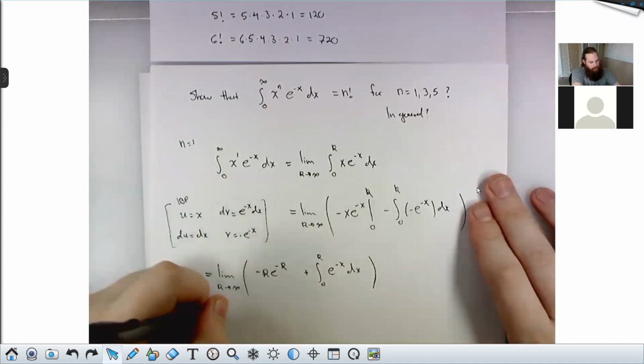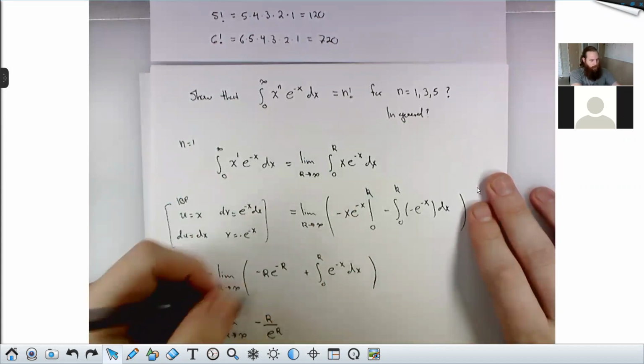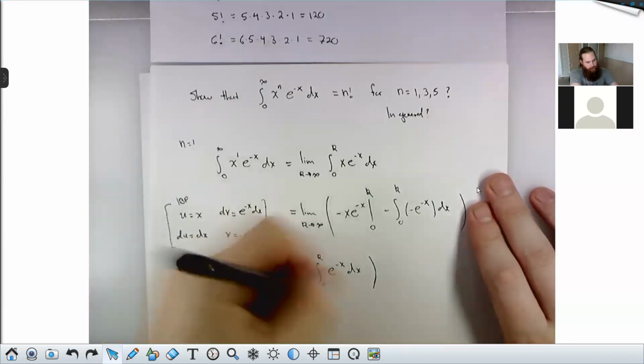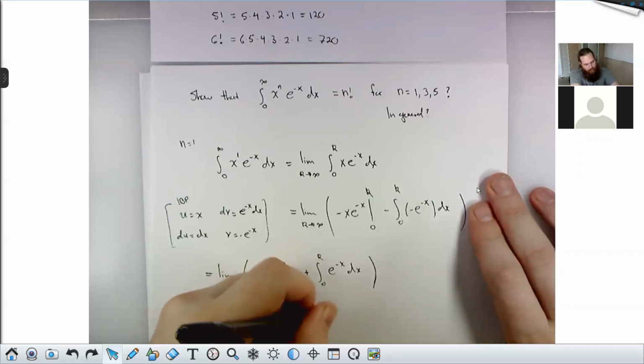That's the same as the limit as r goes to infinity, negative r over e to the r, plus, then this piece becomes negative e to the negative x evaluated from 0 to r.